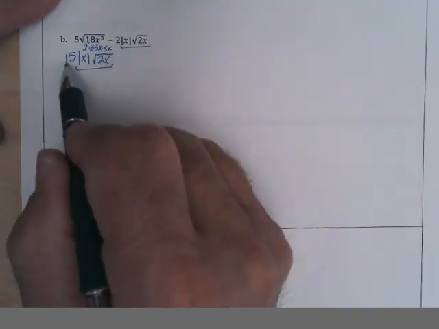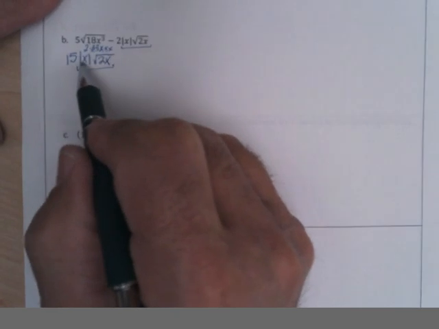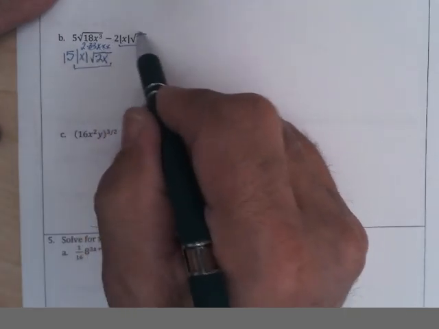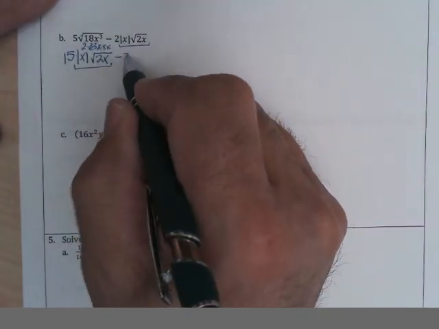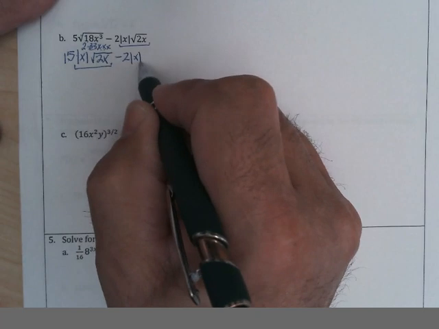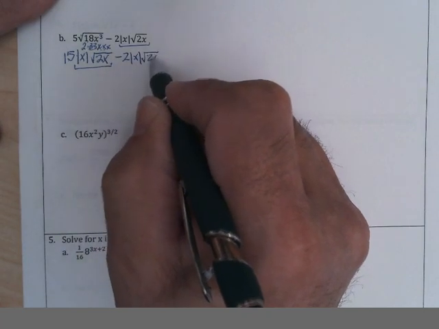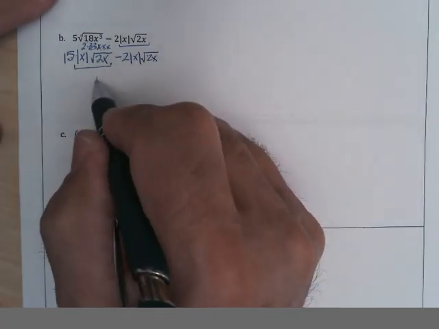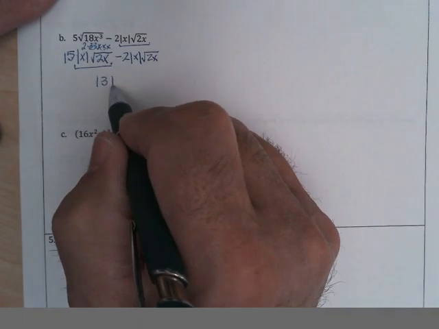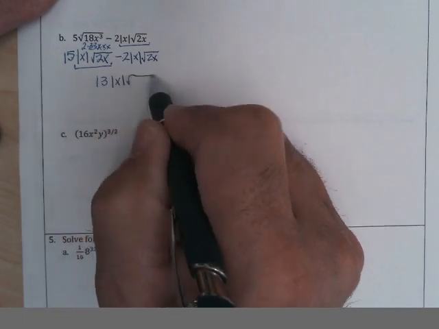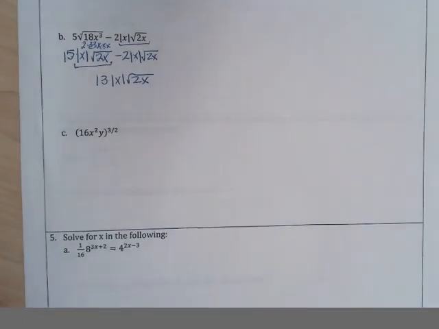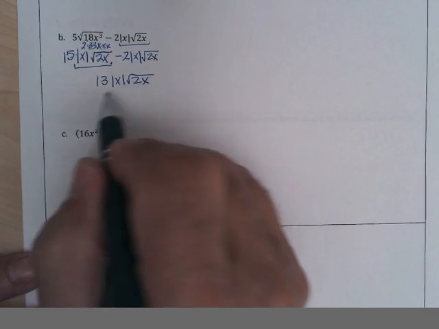So it's kind of like saying we got 15 of these bananas minus 2 of these bananas. And so we end up with 15 minus 2, 13 of these, absolute value of x, square root of 2x. That's the answer to that one.